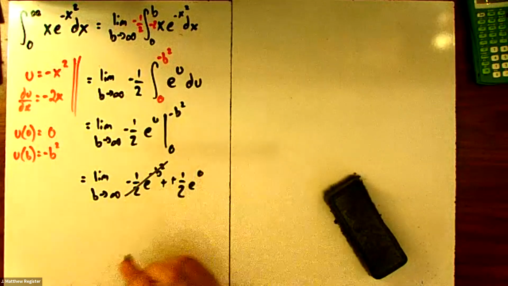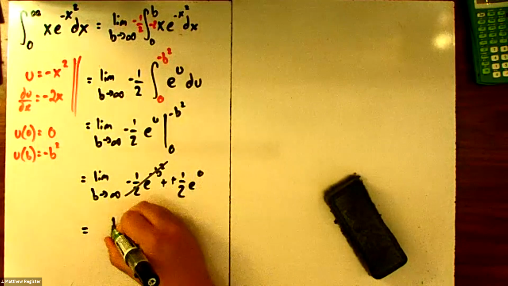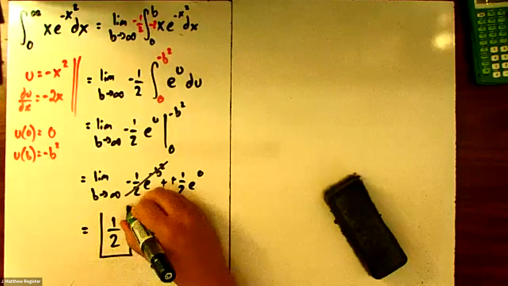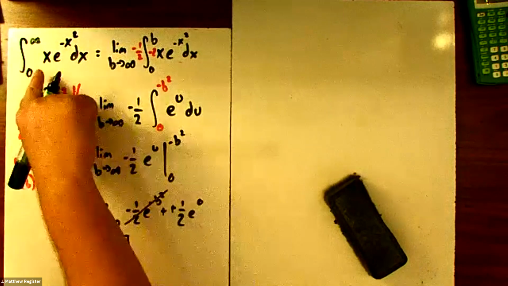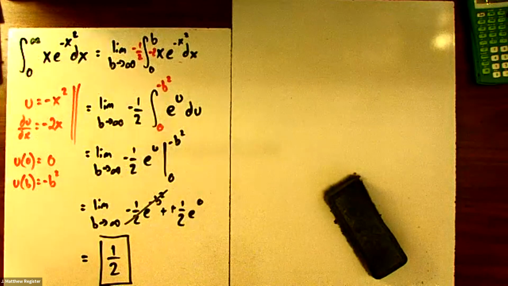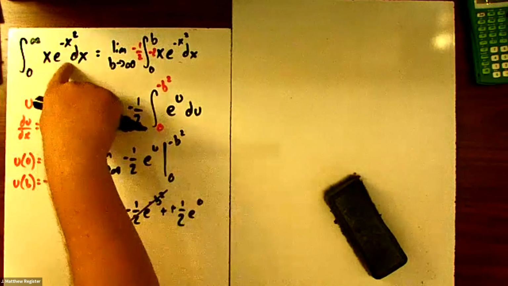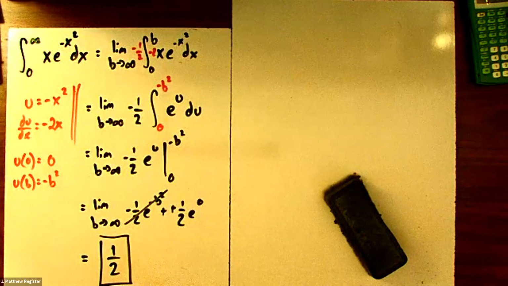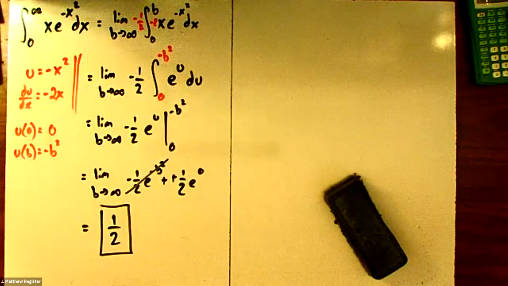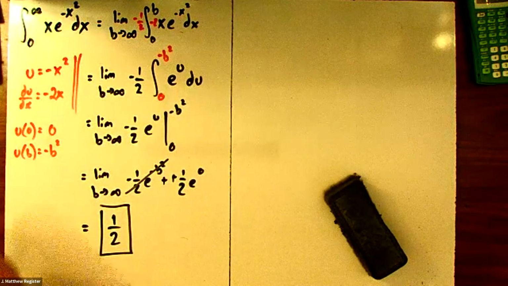Plus e to the 0 is 1. So we end up with 1/2. And so the integral from 0 to infinity, the area under this curve of x e to the negative x squared from 0 out to infinity, is just 1/2. Again, that's kind of a fun one.